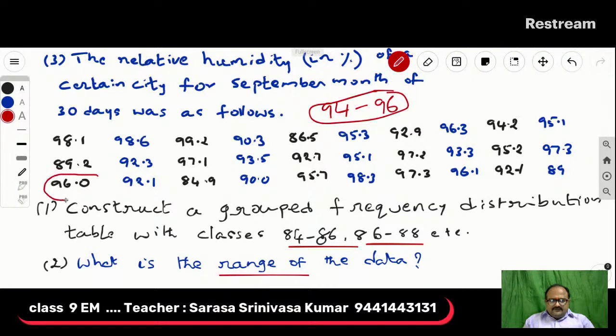So this is the first observation, 96. Oh, it will be taken in the next class interval. We don't consider 96 here. We consider this 96 in the next class interval 96 to 98. This is the principle. If the same value is there, then we consider it in the next class interval.